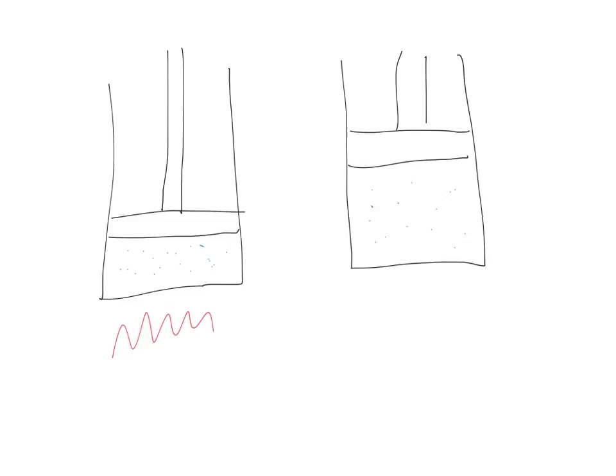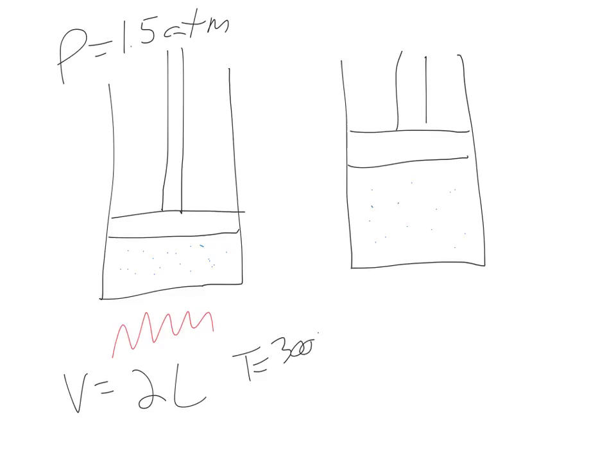Now, before I heated it, let's say the pressure here was equal to 1.5 atmospheres, and let's say the volume was equal to 2 liters, and let's say the temperature was equal to 300 Kelvin. That's all before I heat it.